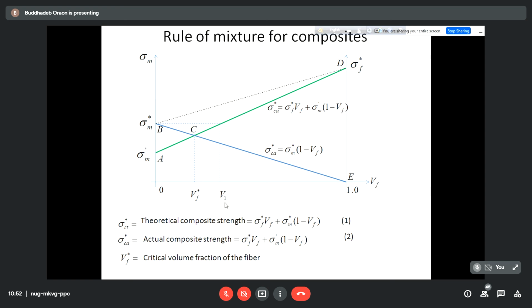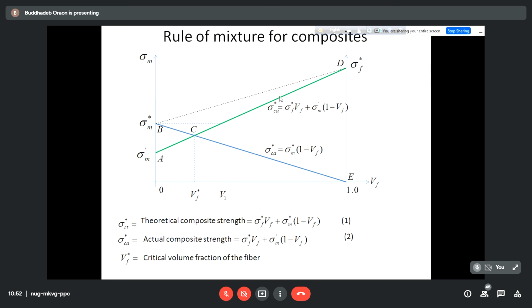So the percentage of fiber that will have to be mixed should definitely be greater than V1. So this is the range, that means V1 and more. This is the practical range.